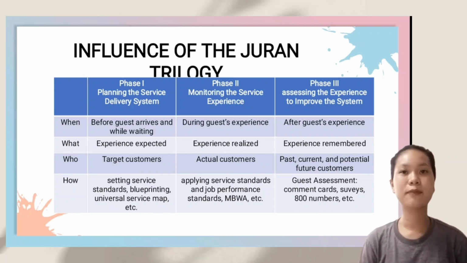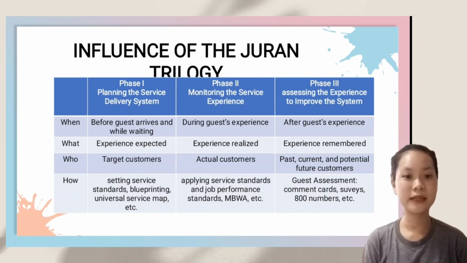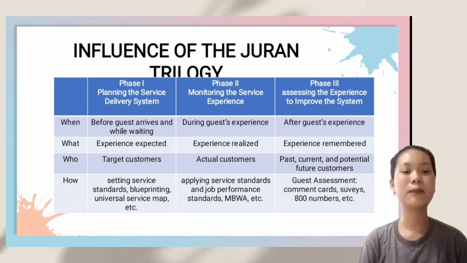In essence, the influence of the Juran Trilogy is a way of thinking about quality. It fits all functions, all levels, and all product and service lines. The underlying concept is managing for quality: quality planning, quality design, and quality control.